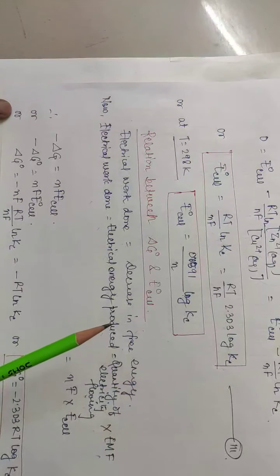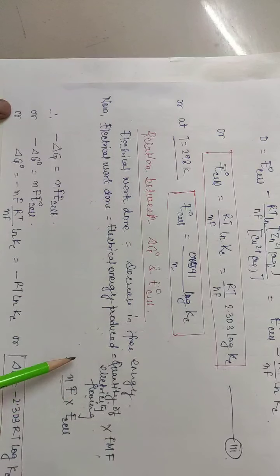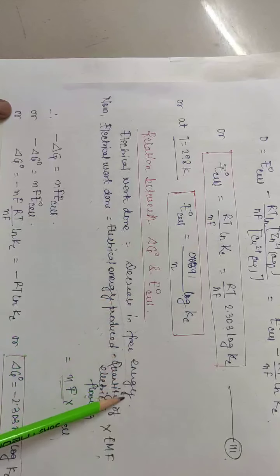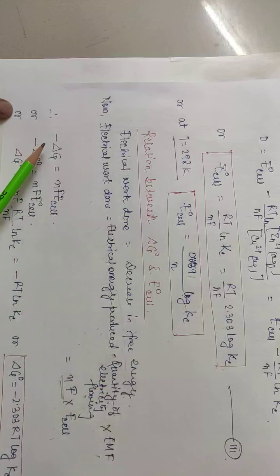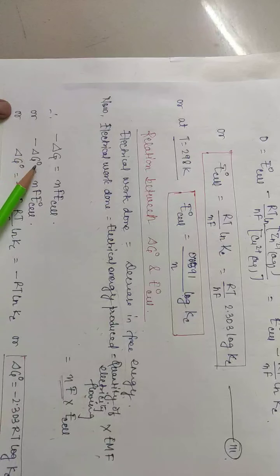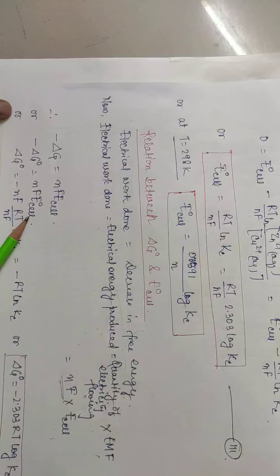If n moles are transferred, then the quantity of electricity flowing will be n into F, that is, the electrical work done is equal to nFE cell, which is equal to the decrease in free energy. That means the decrease in free energy is equal to nFE cell. At standard conditions, minus delta G naught is equal to nFE naught cell.